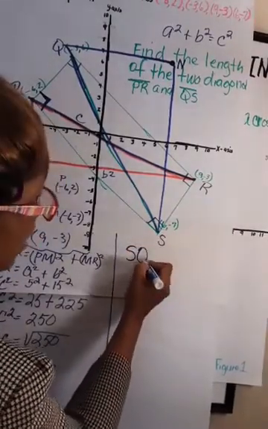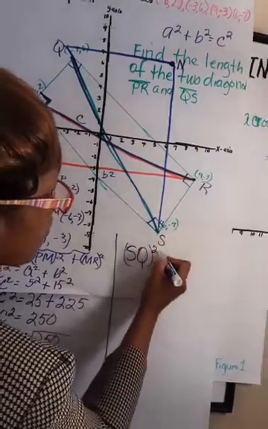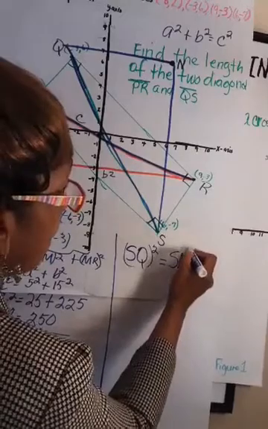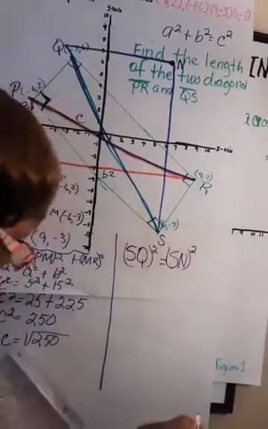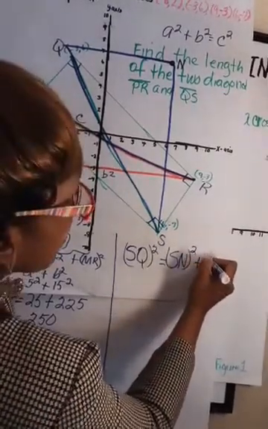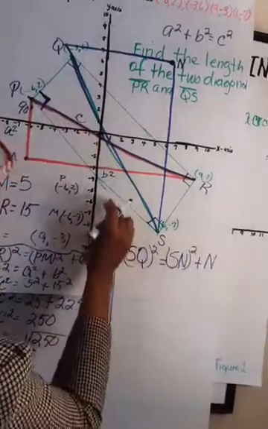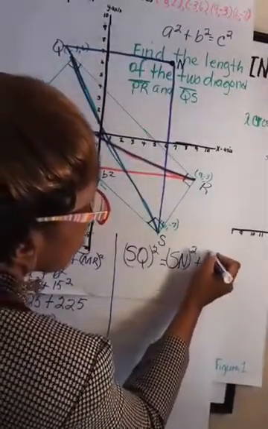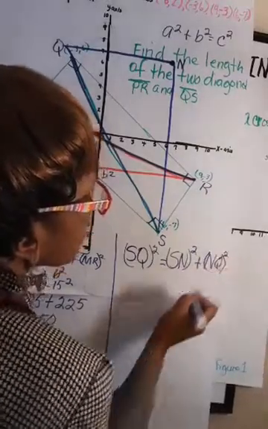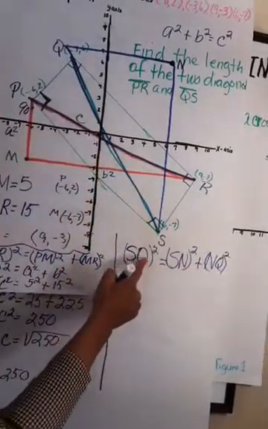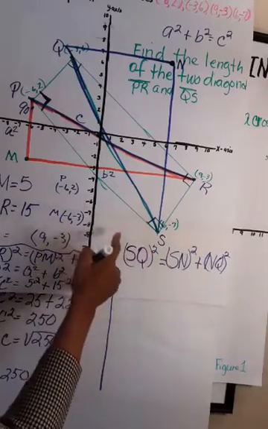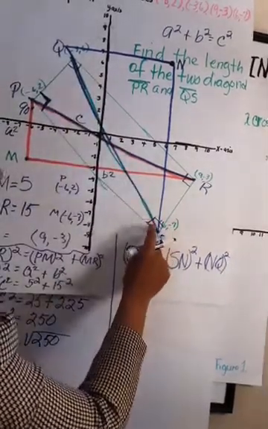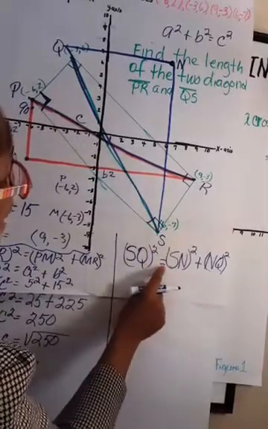So I'm going to give you this. SQ square is equal to SN square plus NQ square. Look at it. SQ, that's that diagonal here. SQ is equal to what?